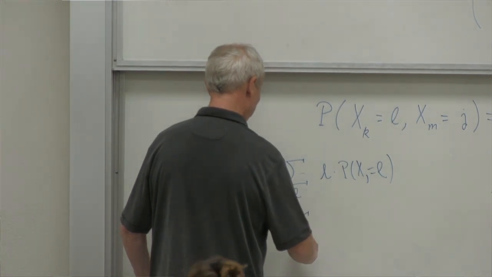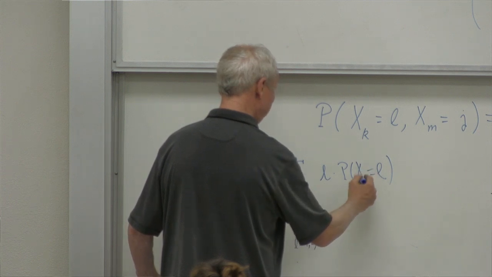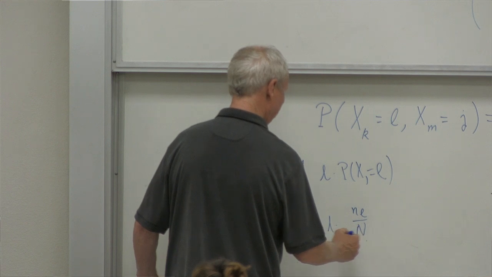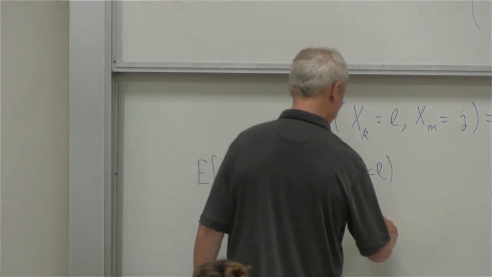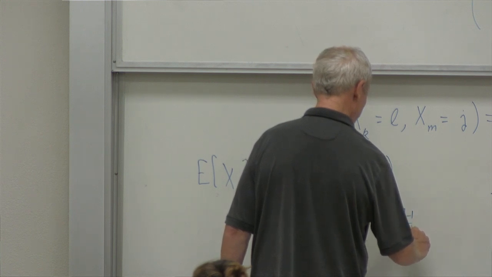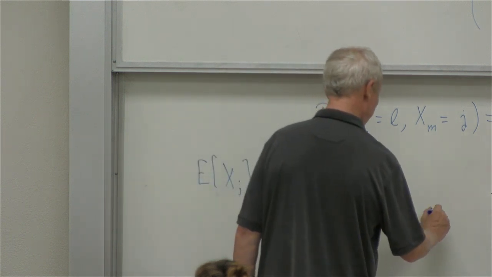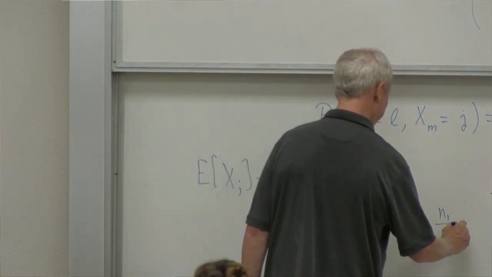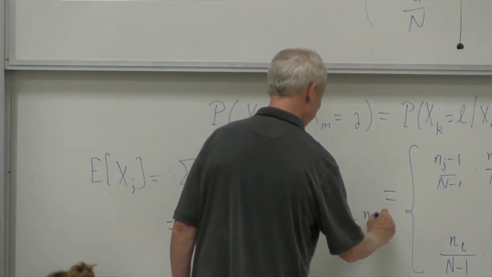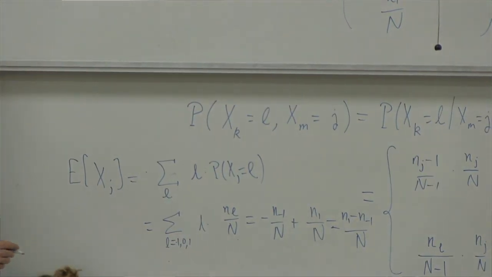But now we have sum over L equal minus 1, 0, and 1 of L times the probability that x sub j is L, which is n sub L over capital N. So it would be minus n sub minus 1 over capital N plus 0 times n sub 0 over capital N plus n sub 1 over capital N, or n sub 1 minus n sub minus 1 over capital N. That'd be the expected value.